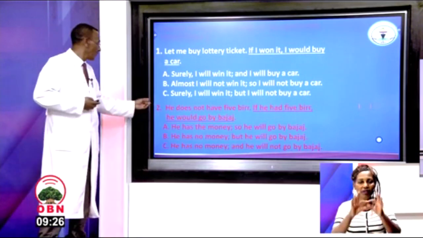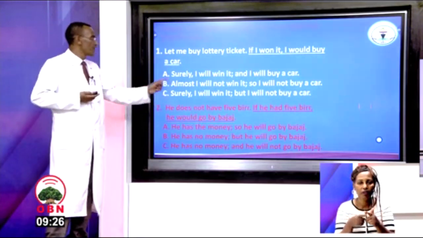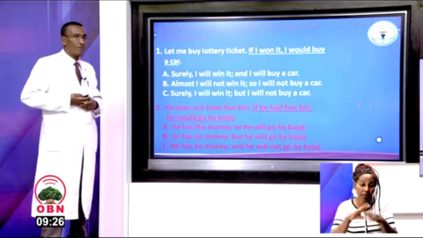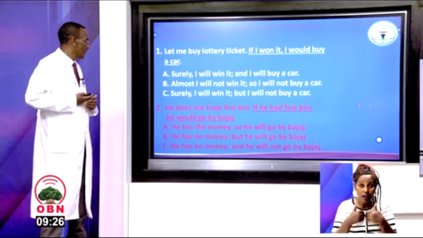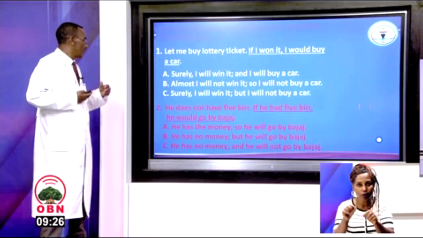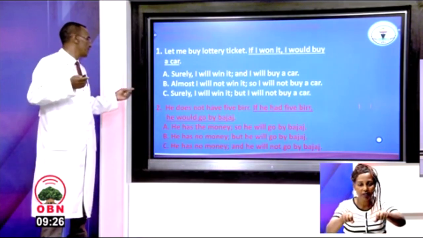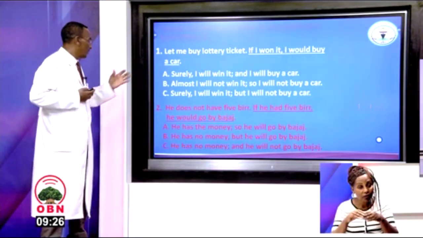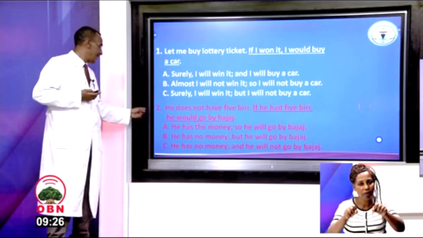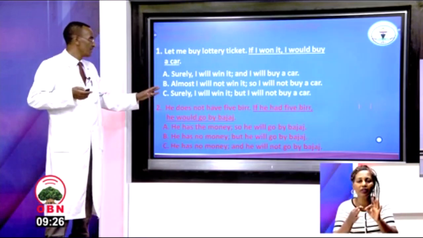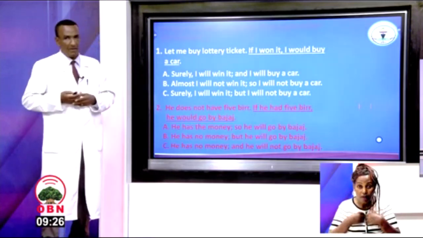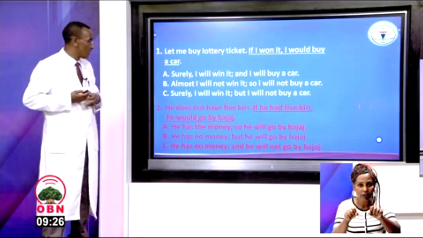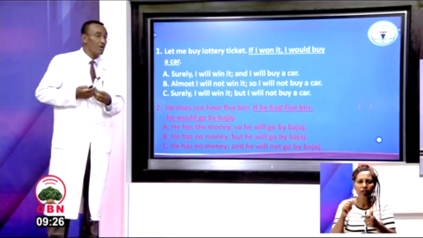Sentence 2. He does not have 5 birr. If he had 5 birr, he would go by Bajaj. What does this really mean? A, he has the money, 5 birr, so he will go by Bajaj. B, he has no money or 5 birr, but he will go by Bajaj.